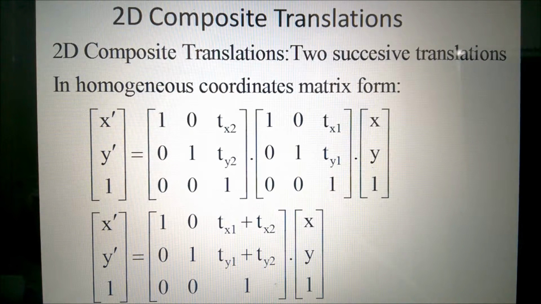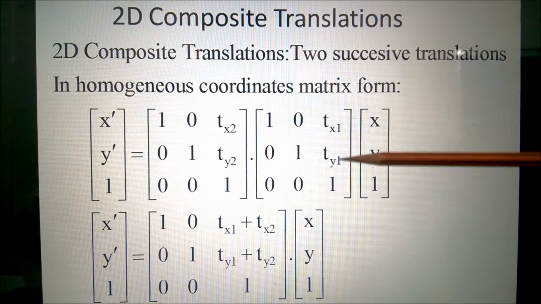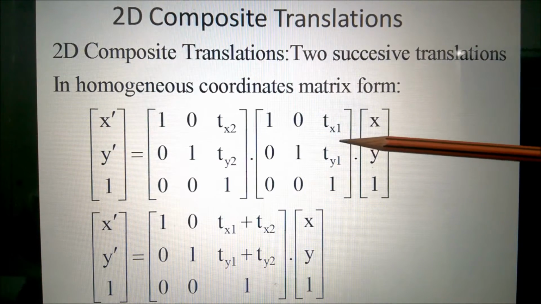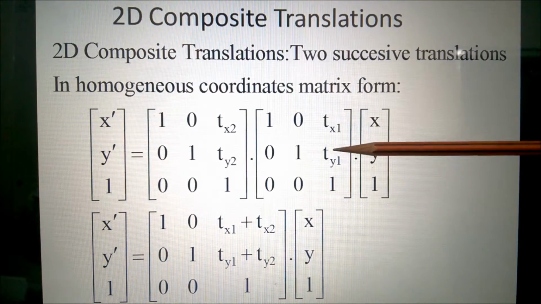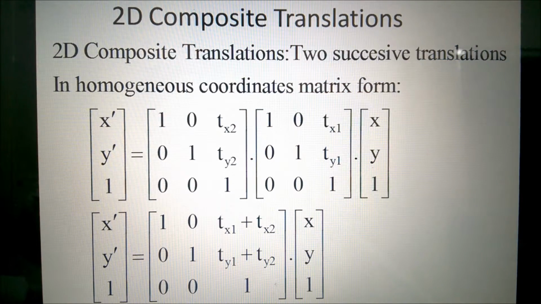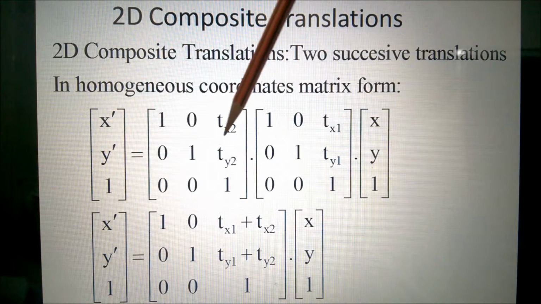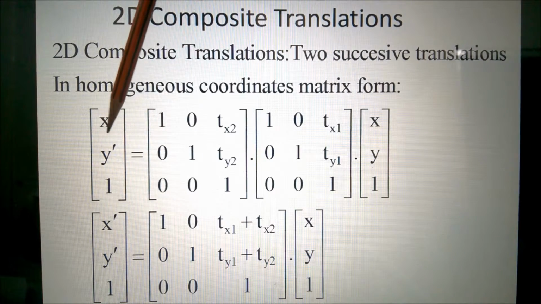Therefore, two translations happen here. Here tx1 and ty1 correspond to the translation distance for the first movement, and tx2 and ty2 correspond to the second movement. We write these in the homogeneous matrix form.